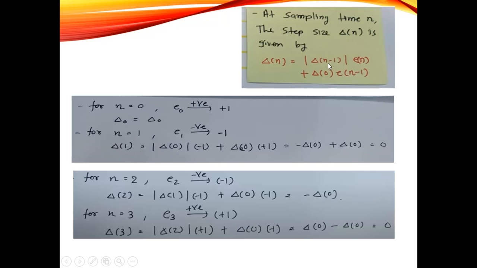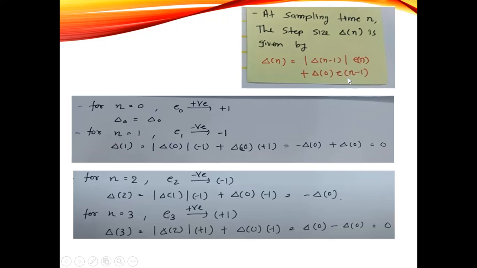Modulus of delta n is delta 1 minus 1 times delta 0. What is e of n? e of n is minus 1 because the step size is negative. If the step size is negative, e of n is minus 1, plus delta 0 as it is, times e of n minus 1.